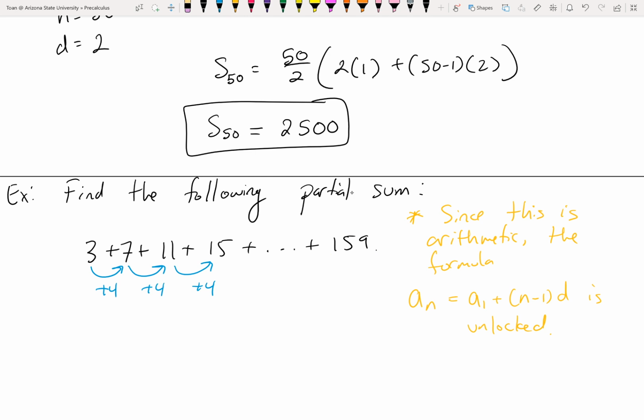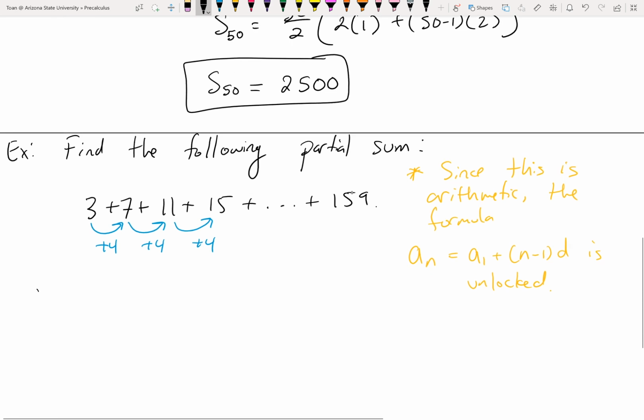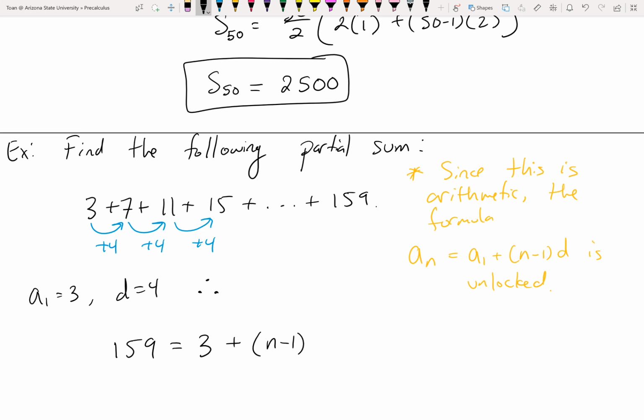So that's what we're going to do here. We can read that a sub 1 is 3 and d is 4. Therefore, 159, because that's what I'm looking for, equals a sub 1, 3, plus n minus 1, I don't know what n is, times 4.